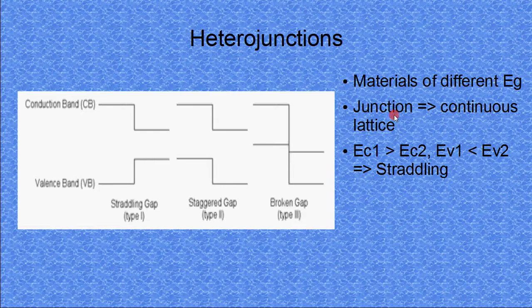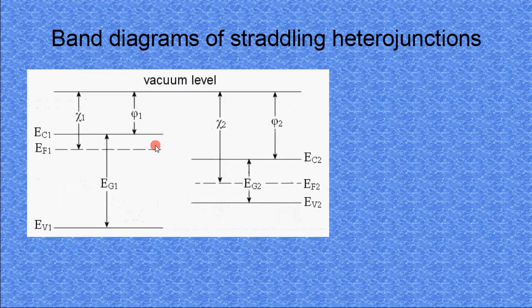Of course this is a junction, which means that it's a continuous lattice. It's not sandwiched together. You have to grow it as a continuous lattice. An example of such a straddling gap heterojunction is the aluminum gallium arsenide and gallium arsenide junction, and that's actually the first heterojunction which was used to make a HEMT.